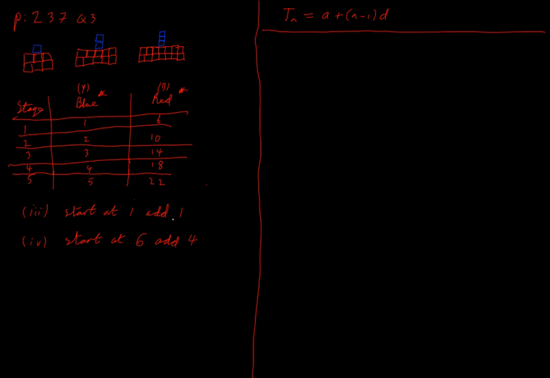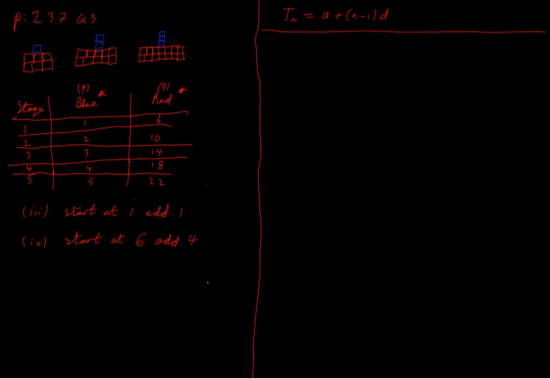So we start at 1 and we add 1 each time. In part 4 it asks us for the same thing for our red boxes. How are they changing each time? So we start with 6 boxes at the beginning and we add 4 each time. That is our work for part 3 and part 4, and now we get into new stuff.